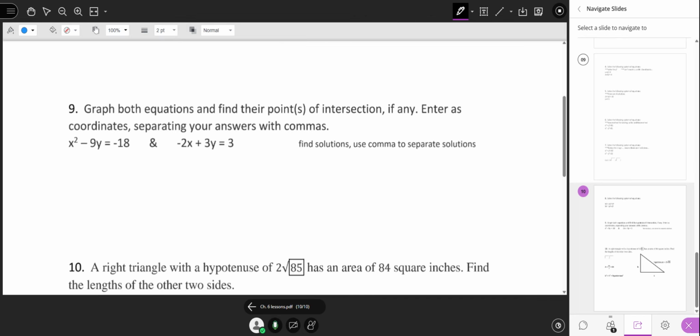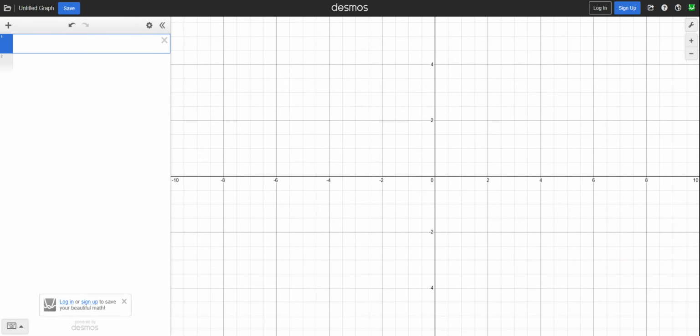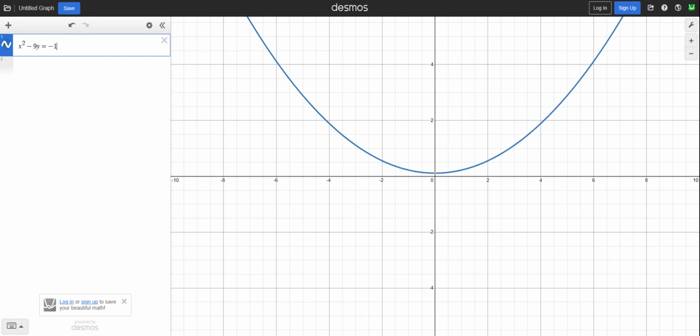So let me do this. X squared minus 9y equals negative 18.